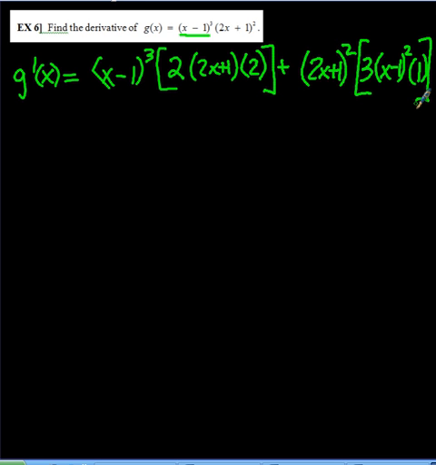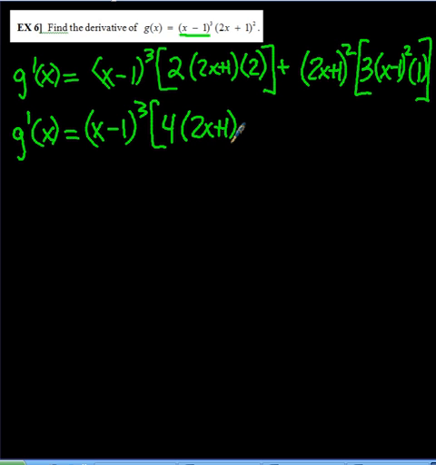Now when I simplify this, we'll have (x minus 1) cubed times 4 times (2x plus 1) plus 3 times the quantity (x minus 1) squared times (2x plus 1) squared.